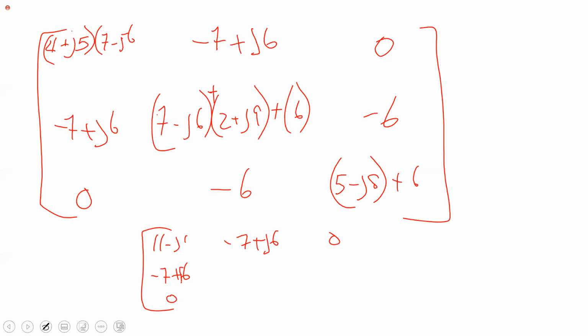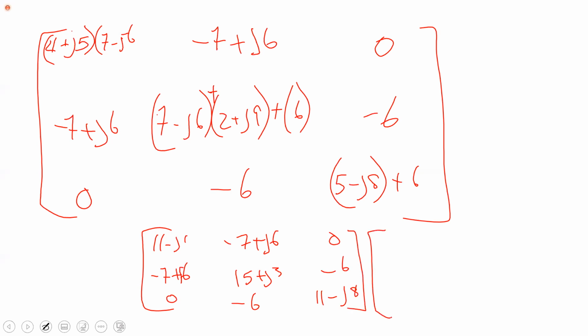And in the middle, we have here 15 plus J3. Then we have minus 6, and 11 minus J8. So those are our impedances.